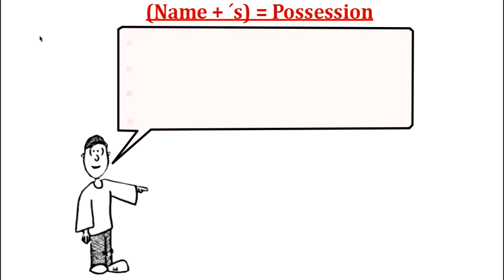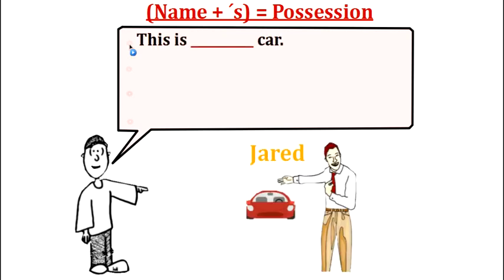For example, this is Jared's car. Remember, we do not say the car of Jared. No, no. We say this is Jared's car. Remember, name, apostrophe s, and that is the possession.